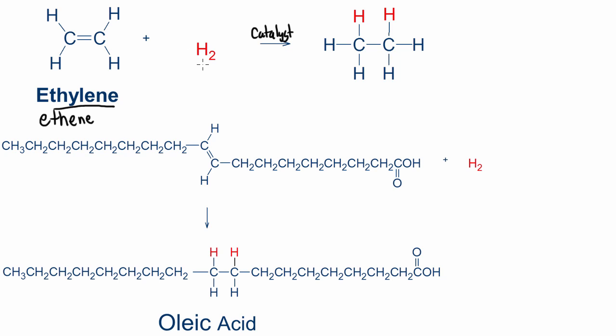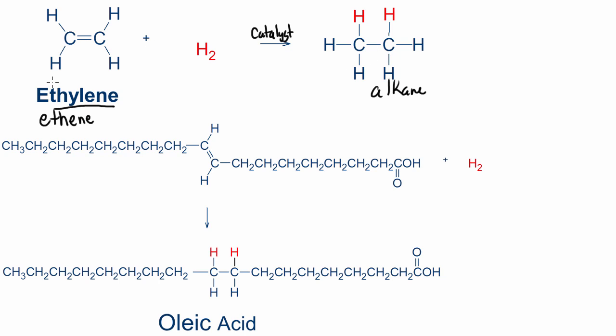This will react with hydrogen to produce an alkane. And notice what happens here. The chemistry took place at the carbon-carbon double bond. In fact, this is an addition reaction, and we see that hydrogen has been added to both of these carbons.